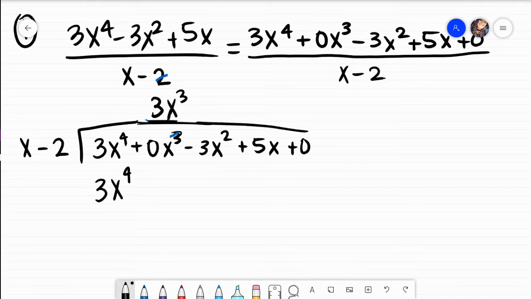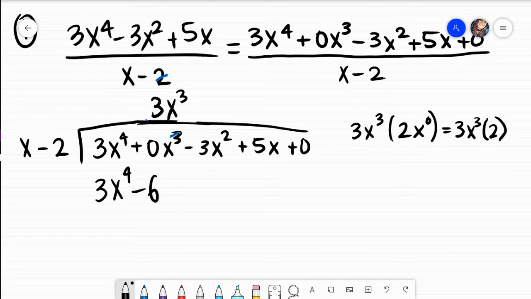Now what we do is our 3x cubed times our negative 2. 3 times 2 is 6. Signs are different, so it's negative. There is a way to explain that this is actually 3x cubed times 2x to the 0 power. Anything raised to the 0 power is just 1. So what you get is 3x cubed times 2.